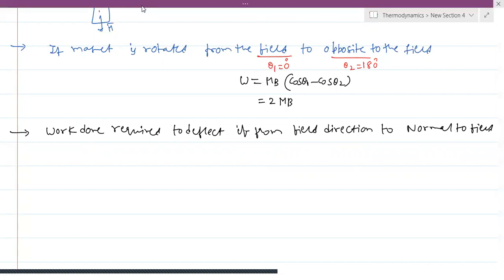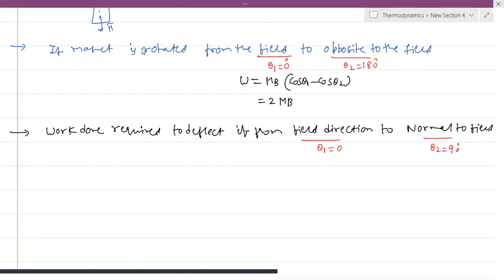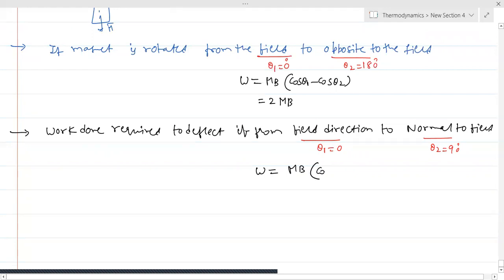So from field direction means theta 1 equals 0, and normal to the field means theta 2 equals 90. Therefore this work done W equals MB into cos 0 minus cos 90.